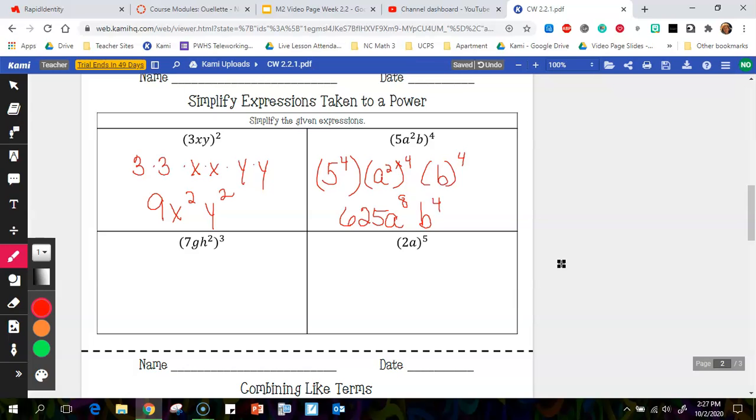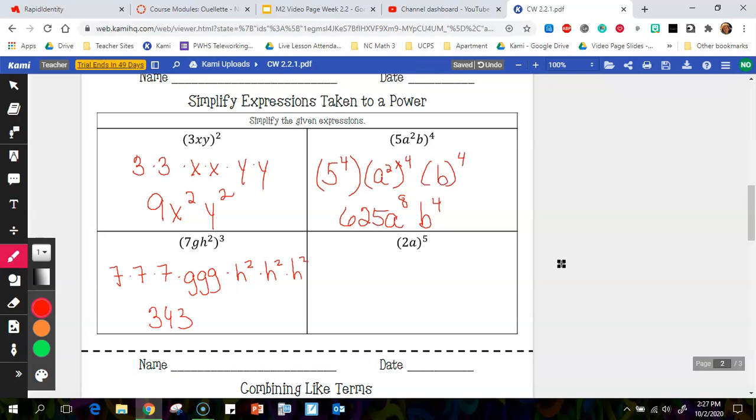All right, so this is going to be 7 times 7 times 7 times g, because it's g to the 3rd power, times h squared times h squared times h squared. We can do it like that. That might work pretty well. That's going to be 343.